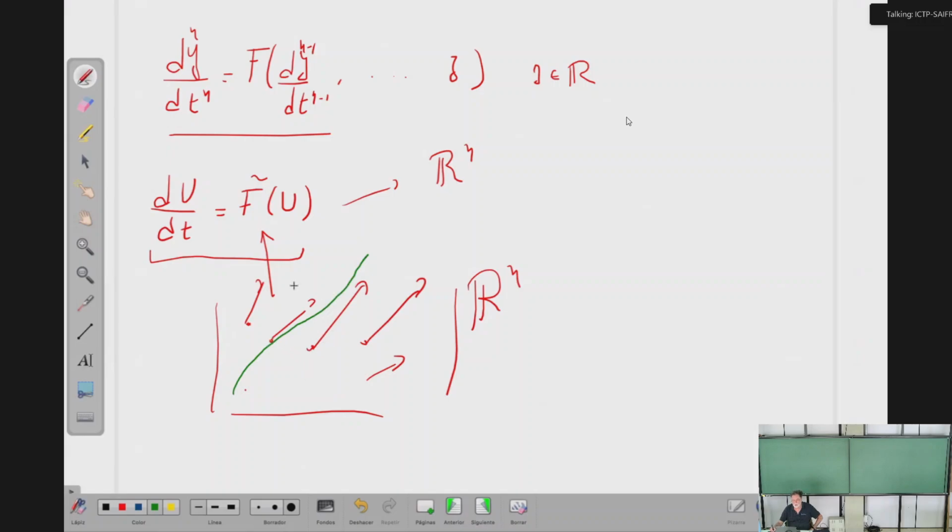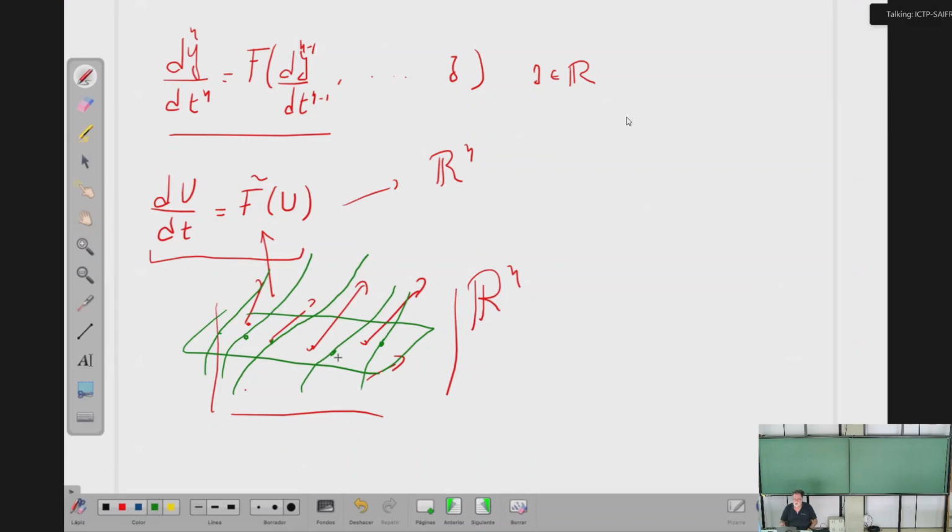Also, we know that if the vector field is defined everywhere, then at every point we have a solution going through it, and this solution is unique. So we can characterize the solutions: take a surface like that, and every point here will have a solution, and you have all the solutions given by the points where they cross this surface.